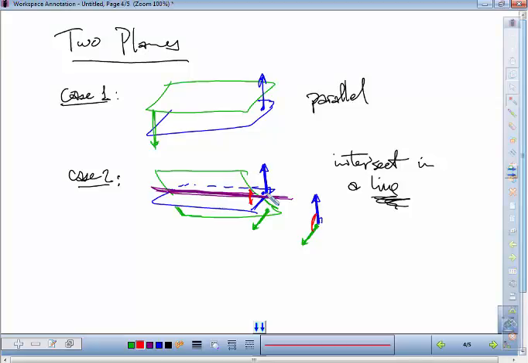Think about that. If you have that laptop open a little bit or a lot, or the book or a binder, and then imagine the normal vectors perpendicular to those planes, the angle between them is exactly the same as the angle between the planes.